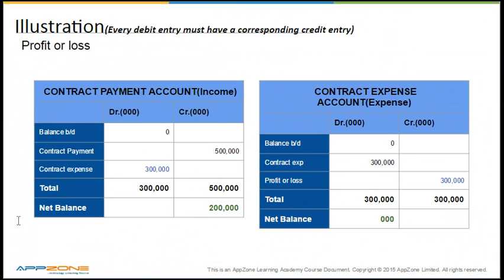Now, going a little further, this next part tells us whether or not we are profitable in our business so far. As Zonetech, we've incurred expenses and we have also received revenue.